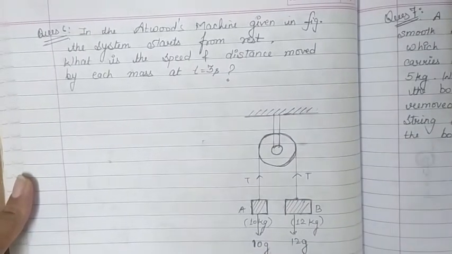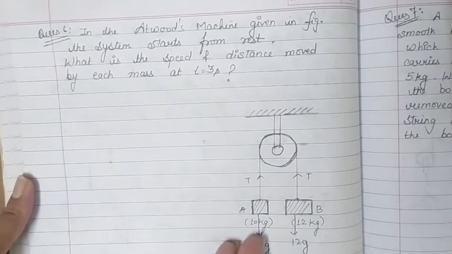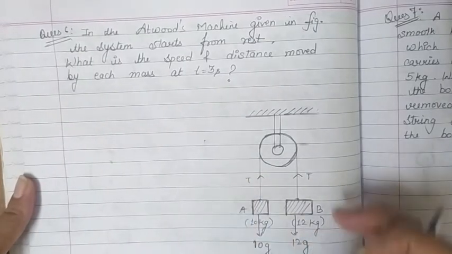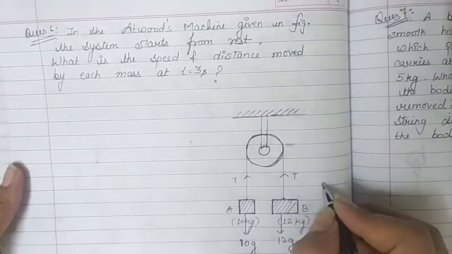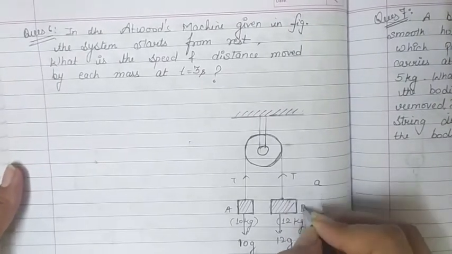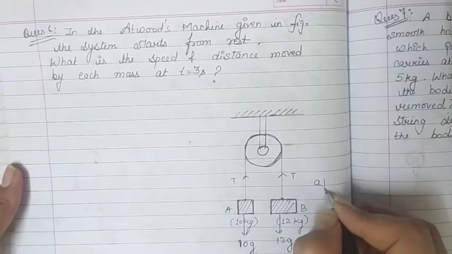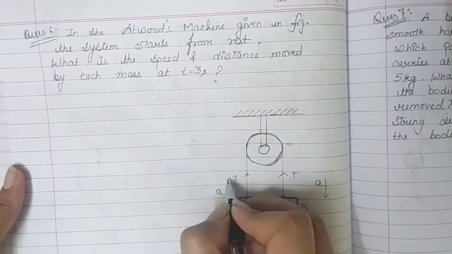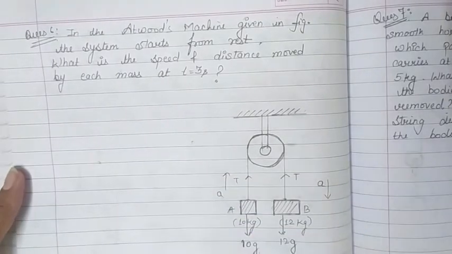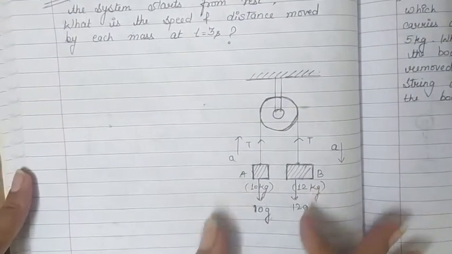Now when it starts moving, the lighter weight will move upwards and the heavier will go downwards. So if a is the acceleration, this block of 12 kg will move downward with acceleration a, and this block of 10 kilograms will move upwards with acceleration a. These are all the forces acting on these blocks.